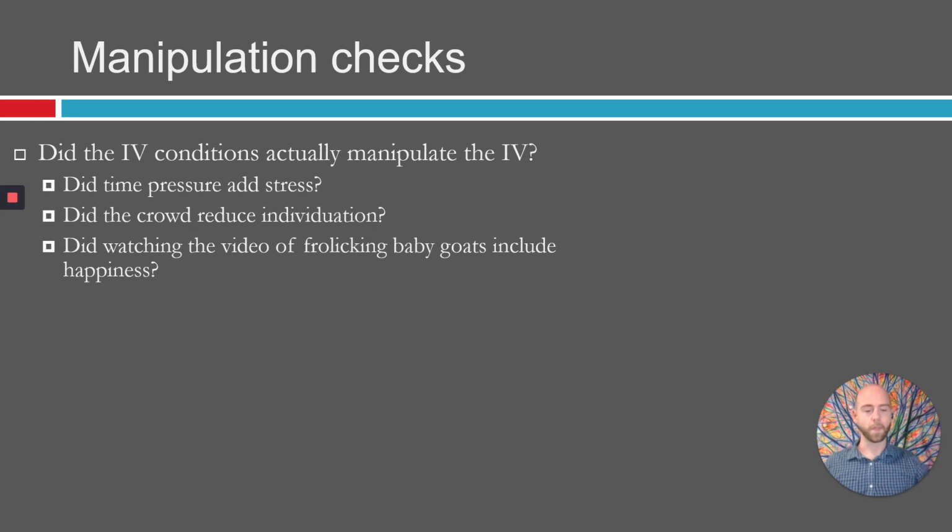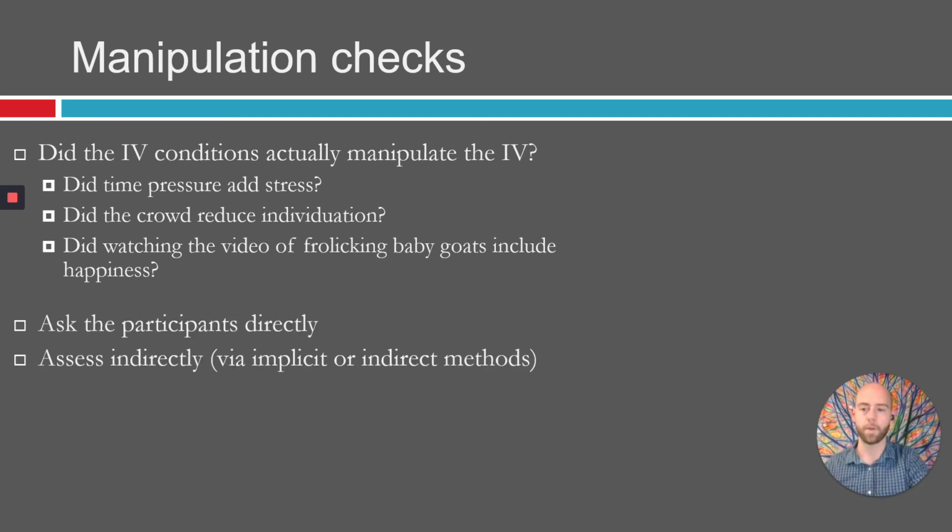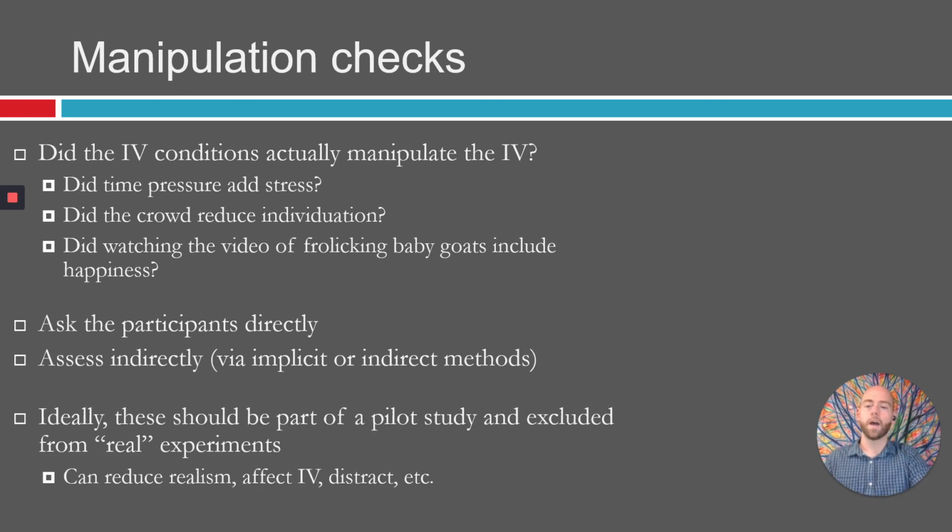So it may be that those types of questions don't always help that much. So you could ask them directly. You could ask them via some kind of indirect question or implicit measure to see if they're responding in a way that indicates their associations have been manipulated, but they maybe don't realize that they've been manipulated.